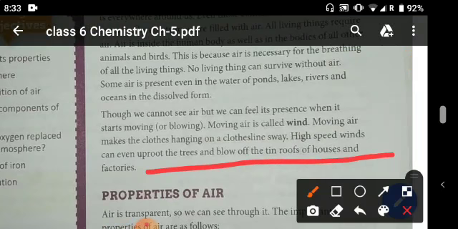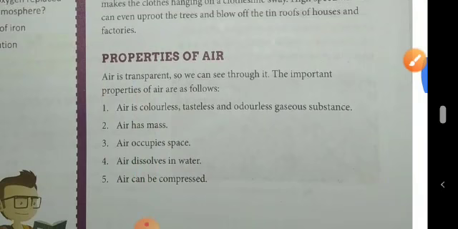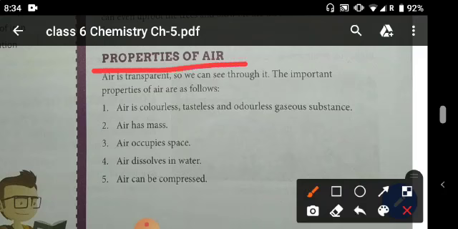Now the second topic is properties of air. Which properties are there in air? Air is transparent at first. Transparent means we can see from one side to the other, so we can see through it.